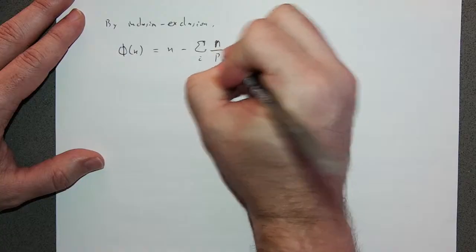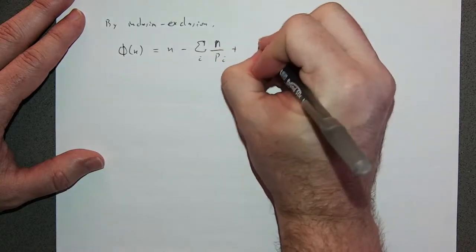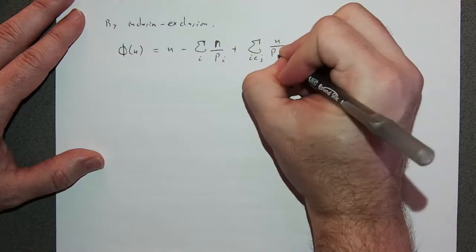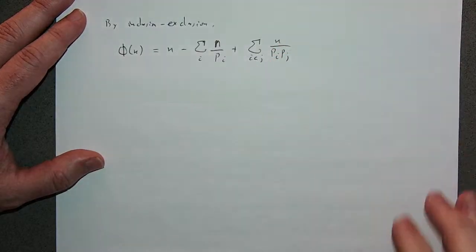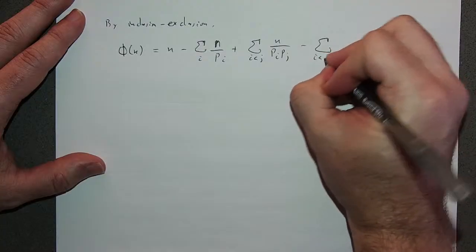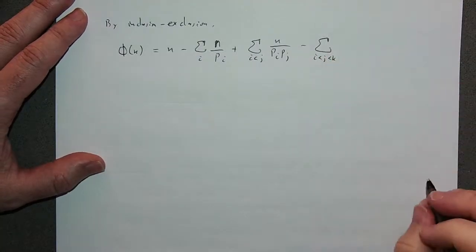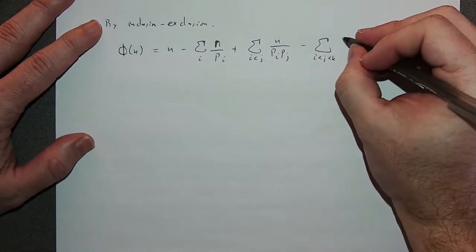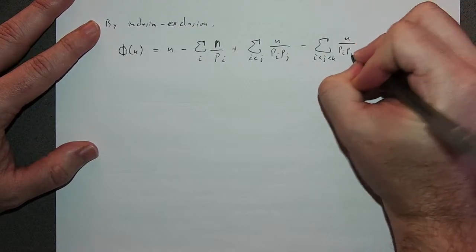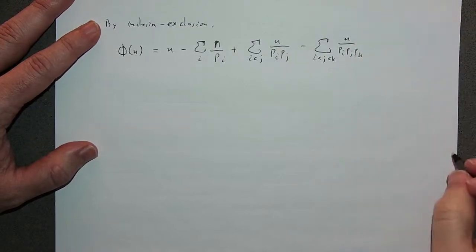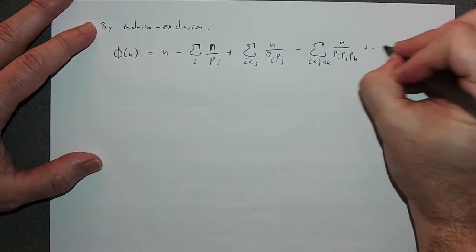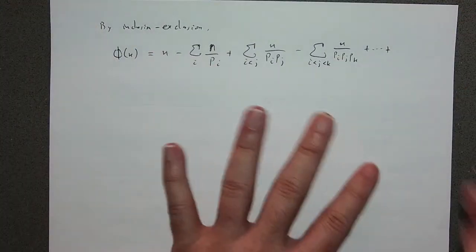over p sub i, plus the sum over i less than j of n over p sub i p sub j, minus the sum over i less than j less than k of n over p sub i times p sub j times p sub k, and so on out to the very last term, which is minus 1 to the r.